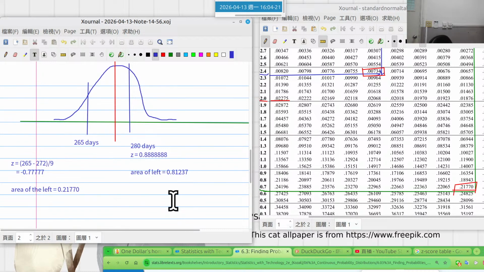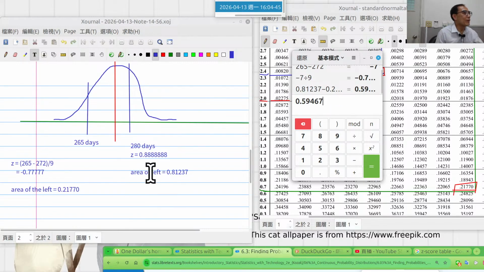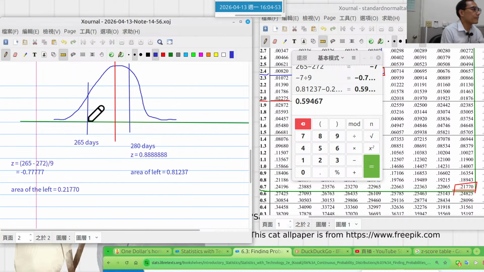Let me check it. Minus, and the answer between those areas, let me use the green one. How about the green one? The blue one. Okay, the blue one.